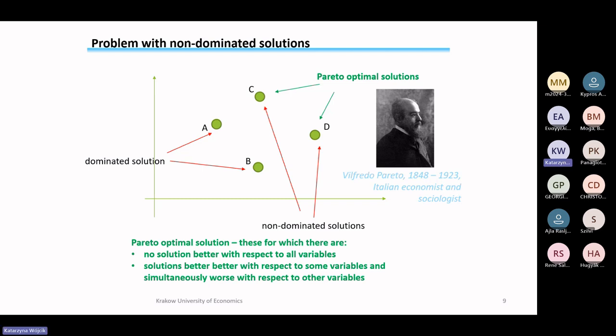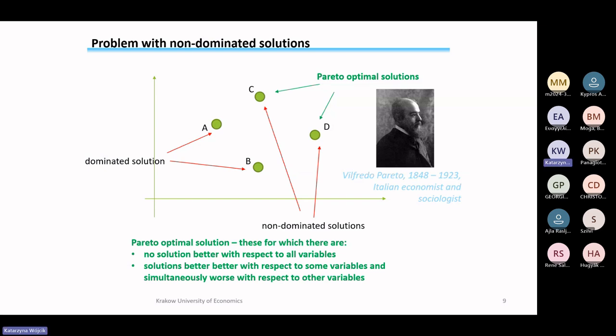Those for which there is no solution better with respect to all variables. So when we've got no dominant solution, only solutions better with respect to some variables and simultaneously worse with respect to other variables, in this case we've got two optimal solutions in Pareto's definition.